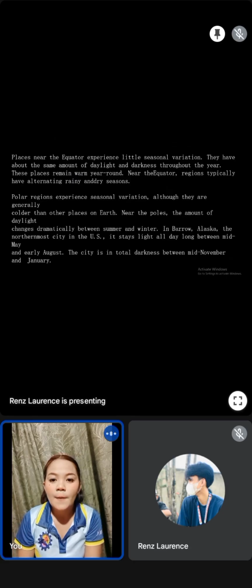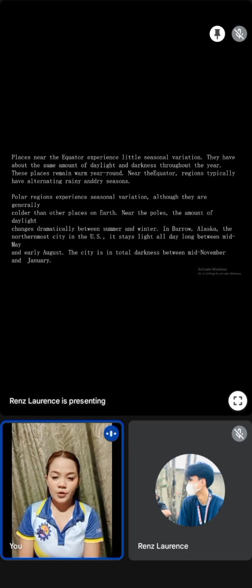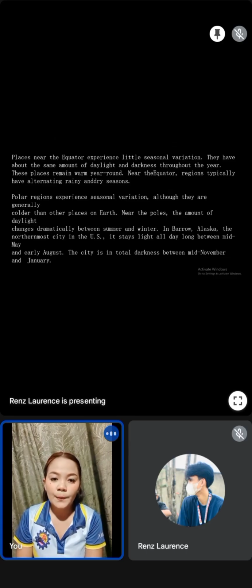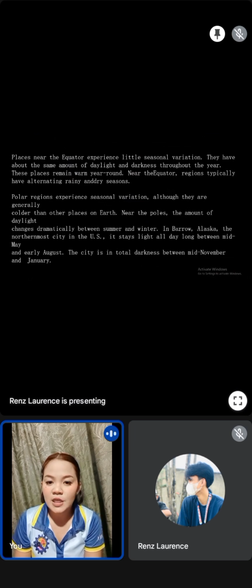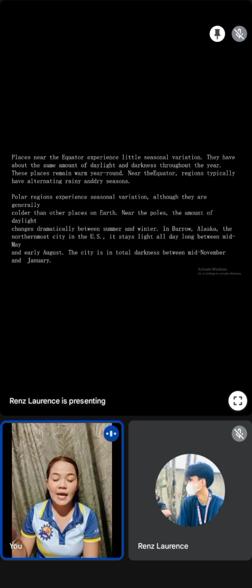Polar regions experience seasonal variation, although they are generally colder than other places on the earth. Near the poles, the amount of daylight changes dramatically between summer and winter. So it happens naa sa mga North Pole and the South Pole.